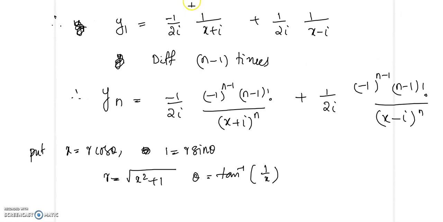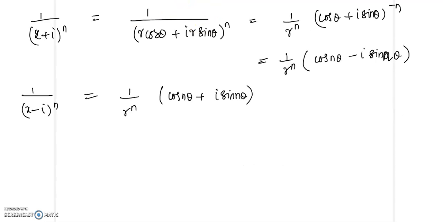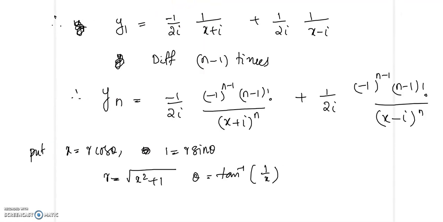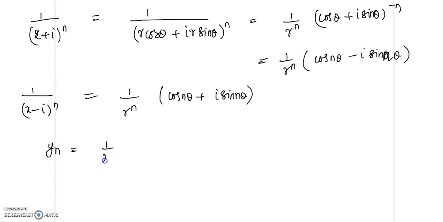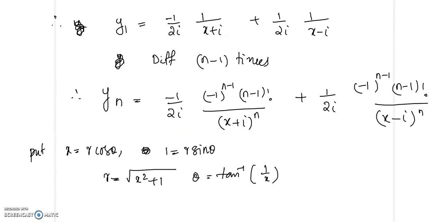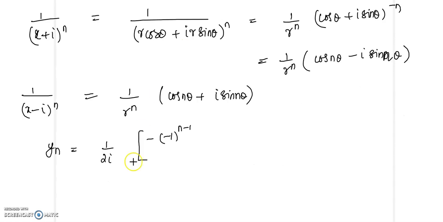Let us substitute this in yn. So yn is 1 by 2i. So we will get minus of minus 1 raised to n minus 1, n minus 1 factorial. (n minus 1) factorial is common.